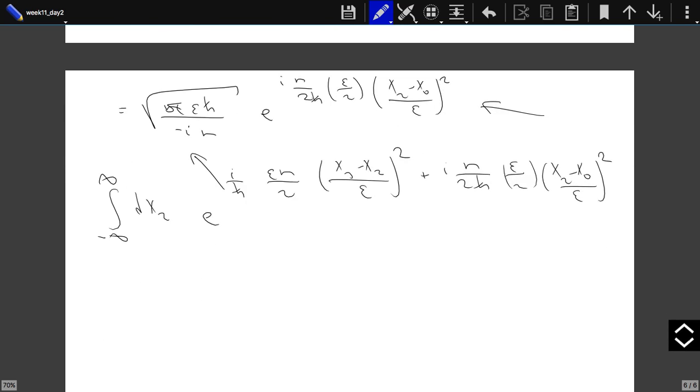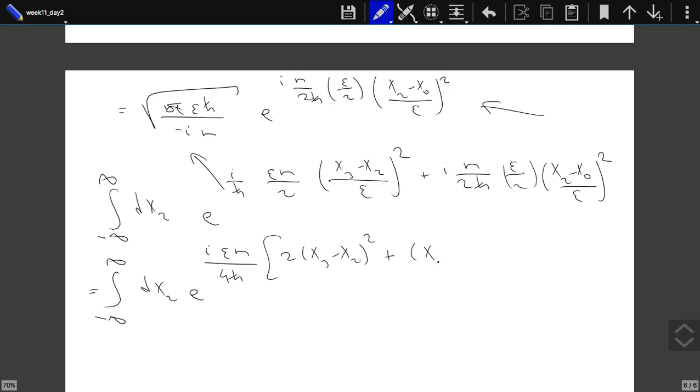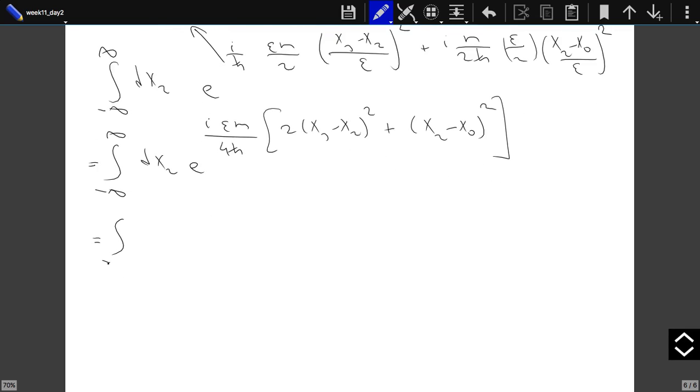This is equal to minus infinity to infinity dx2 e to the power i epsilon m over 4 h bar, and then we have twice x3 minus x2 squared plus x2 minus x0 squared. Let's open up the exponent.